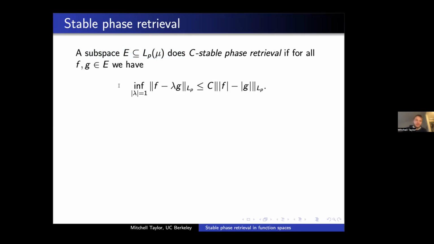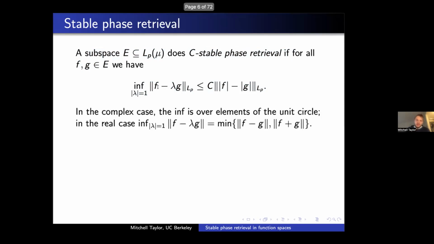Okay. So the definition here is a subspace E of L^p is said to do C-stable phase retrieval if whenever I take two functions in the subspace, I have a certain inequality being valid. And this inequality tells me, well, if the absolute value of f is close to the absolute value of g, then necessarily f has to be close to a unimodular multiple of g.